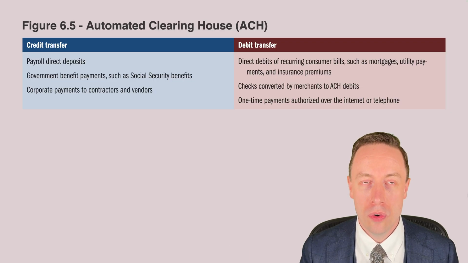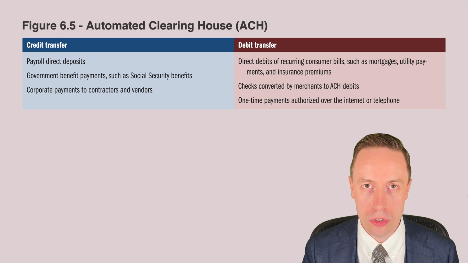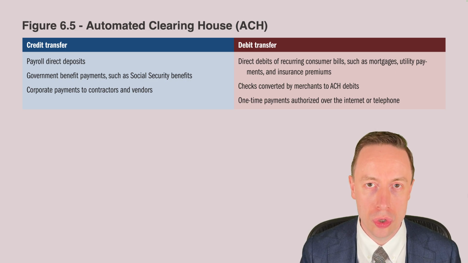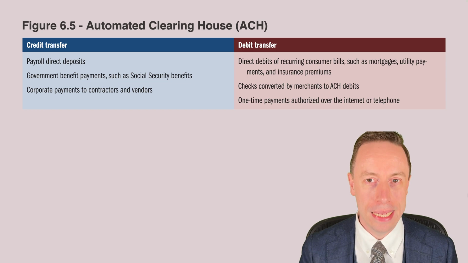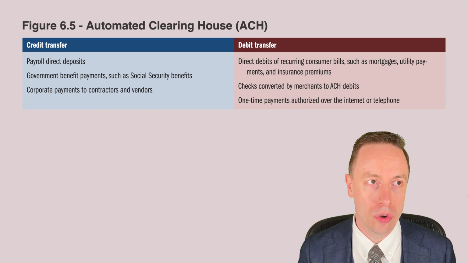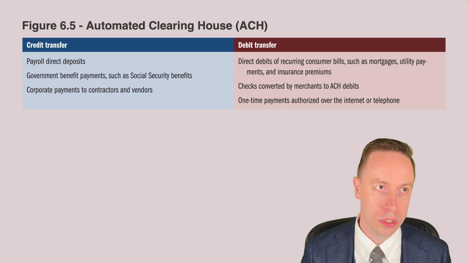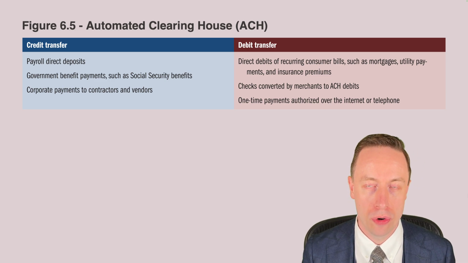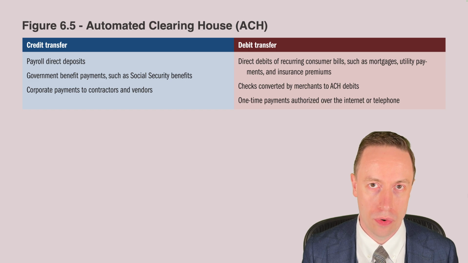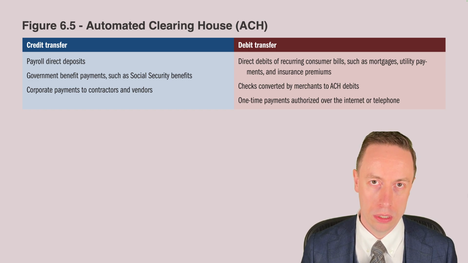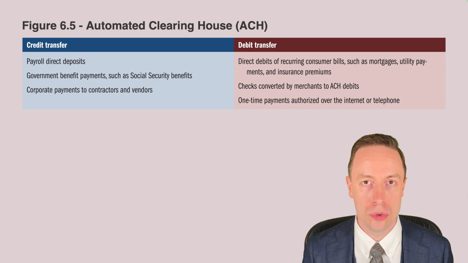So here we are directly clearing transactions between two bank accounts. And it can go in either direction. So you can put money into somebody else's account. That's referred to as a credit transfer. So that, for example, happens if you get your paycheck deposited into your bank account.